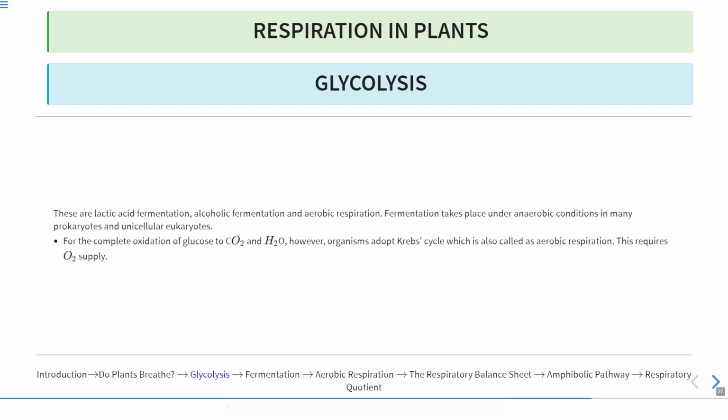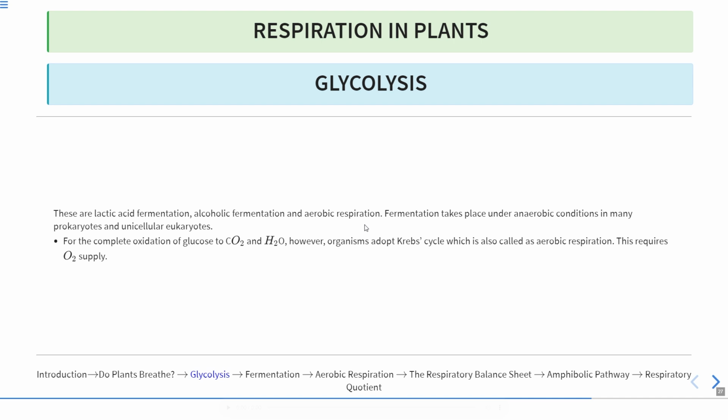For the complete oxidation of glucose to CO2 and H2O, however, organisms adopt the Krebs cycle, which is also called aerobic respiration. I have told you that there are 3 fates of this pyruvic acid. It can go for lactic acid fermentation, alcoholic fermentation, or aerobic respiration. So this pyruvic acid can enter the Krebs cycle, that is the aerobic respiration.